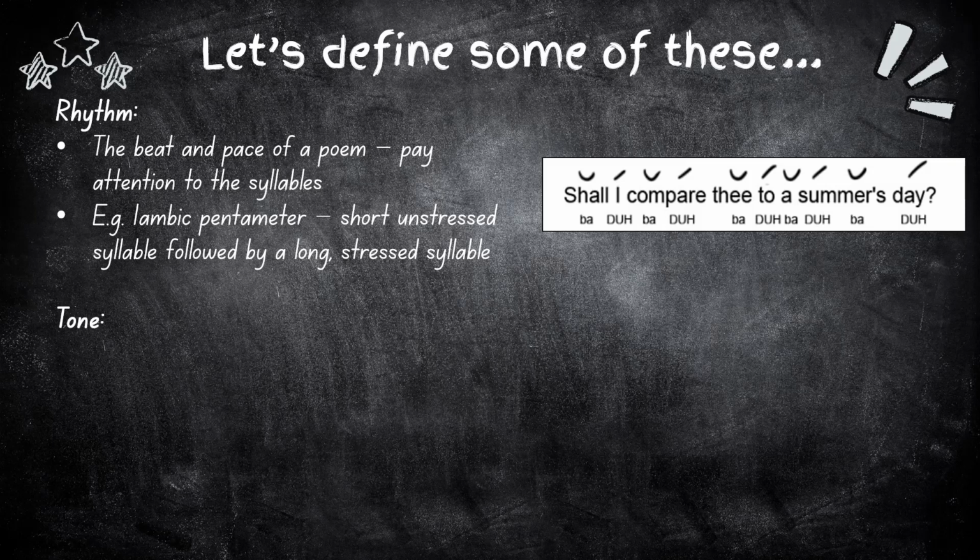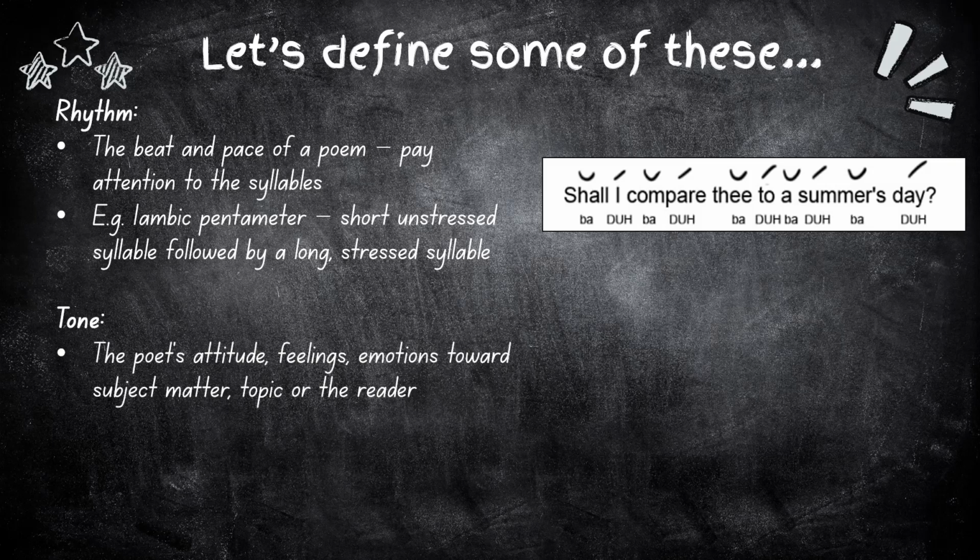Tone is important because your writer is trying to convey a particular attitude, feeling, or emotion towards his subject matter, the topic he is discussing, or even the reader. If I am writing an article that is directed to non-believers of climate change, my words will have a particular tone to them.